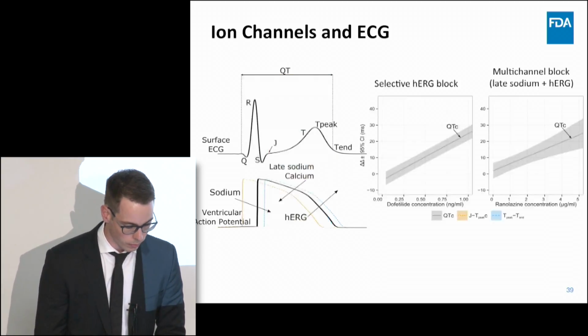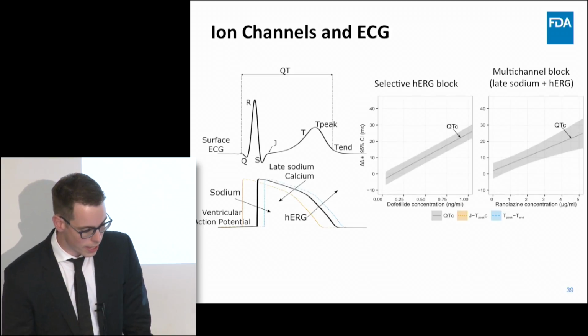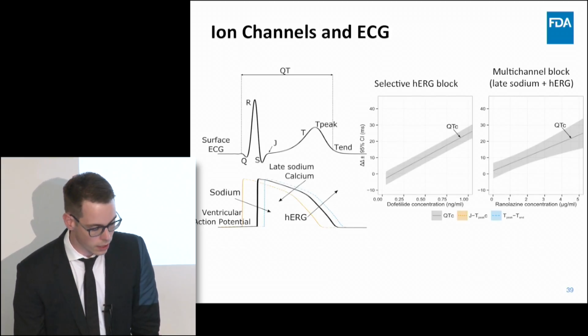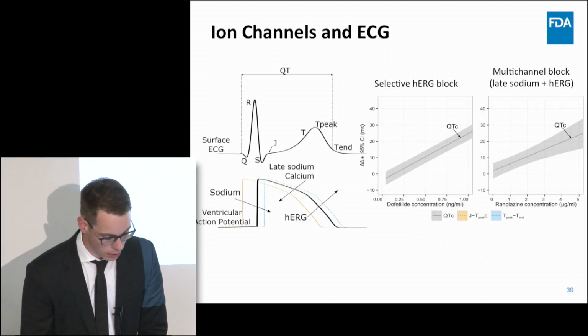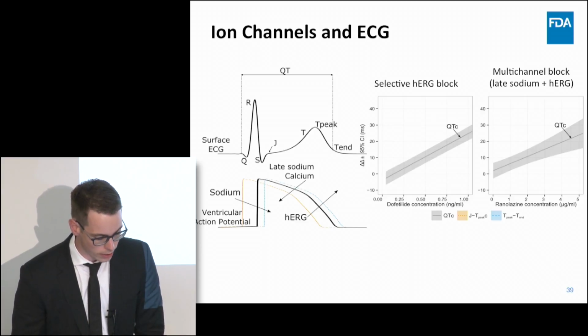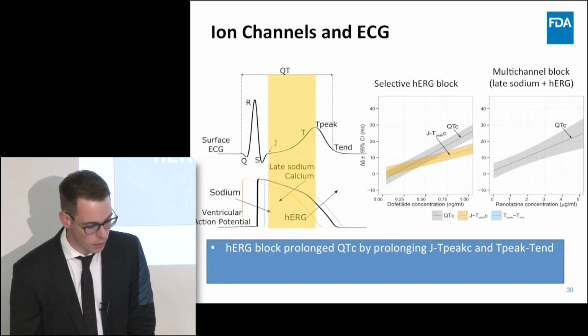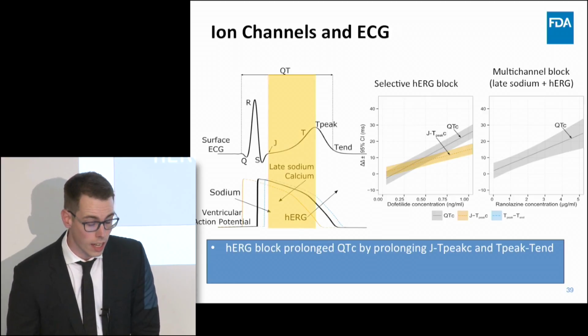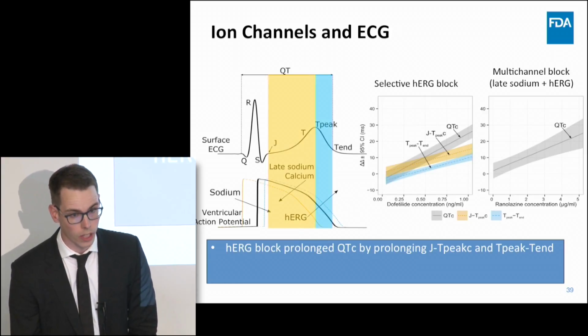outward current. So when I then look at these two graphs, on the left, the selective hERG blocker dofetilide with dofetilide concentration on the x-axis and interval prolongation on the y-axis, we see that there is QTc prolongation with a selective hERG blocker. And that is mainly made up of J to T peak prolongation as well as T peak to T end prolongation.